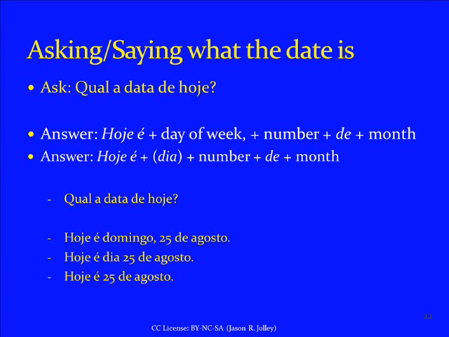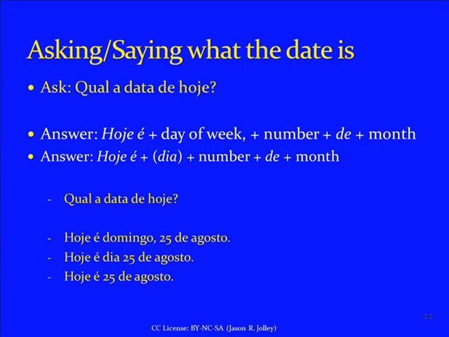Or I could answer by just saying hoje é, then the number of the calendar plus day plus the month. Qual a data de hoje? Hoje é dia 25 de agosto.